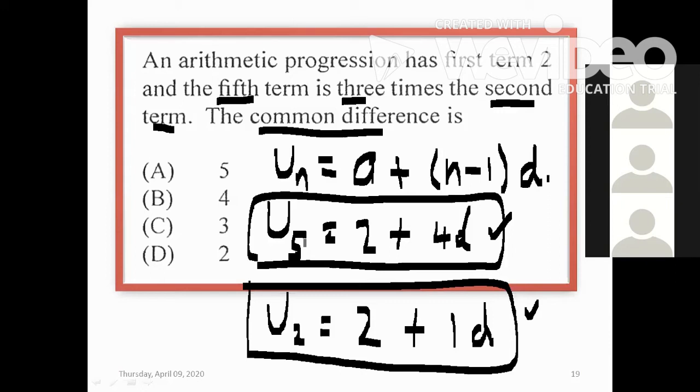But the n is just the position where that number is. You follow? It's like you have students in the class. Imagine all of you line up, 1, 2, 3, 4, 4 persons in the class, and all of you have different names.